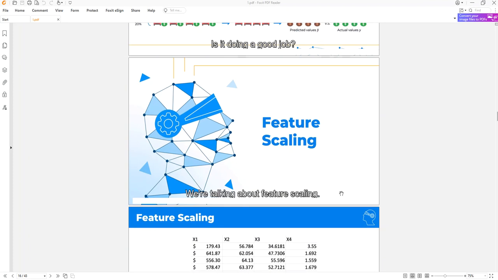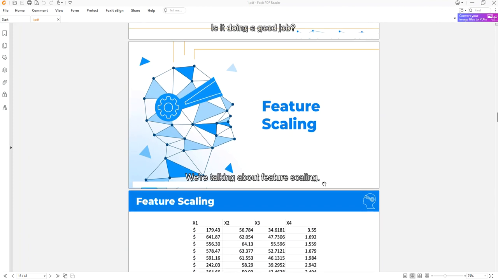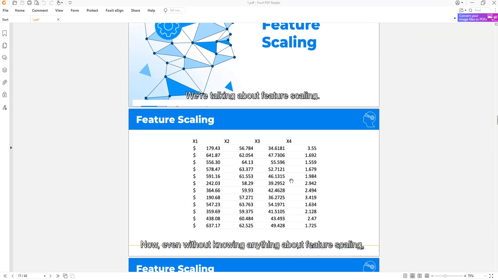Feature scaling. We are going to talk about feature scaling, and one thing I wanted to show you is that feature scaling will not be as easy, which I will be explaining, but in general, you will be applying it on the columns. Let's see in an easier way what feature scaling is.